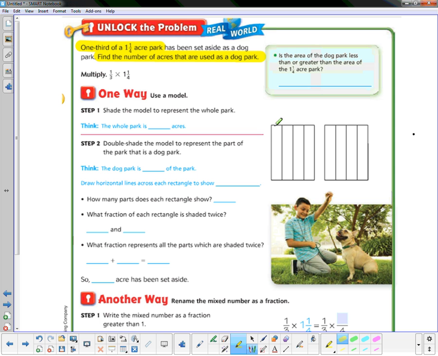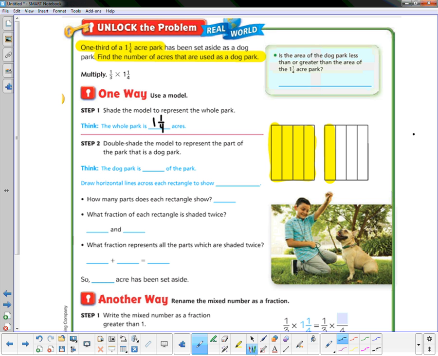So I'm going to shade, let's do it in yellow, 1 whole and 1/4. So the whole dog park is 1 1/4 of an acre.